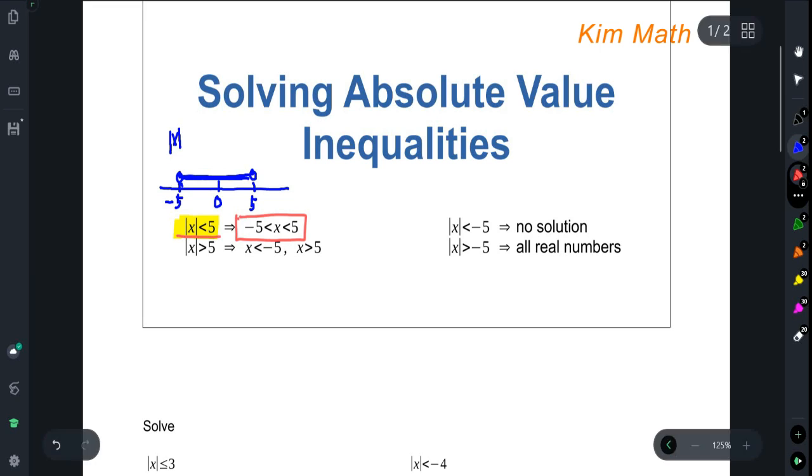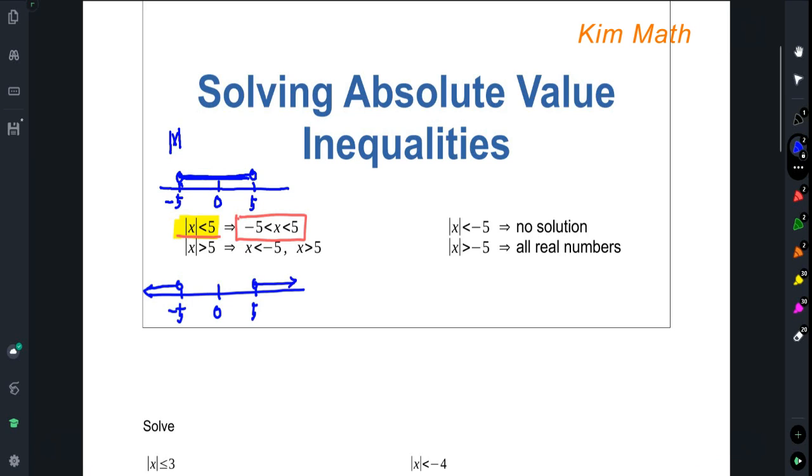Then how about the absolute value of x is greater than 5? Exactly the same reason, since absolute value of x is the distance from the origin, the distance is greater than 5. Then if I draw a number line, your answer must be here and also must be here, right?